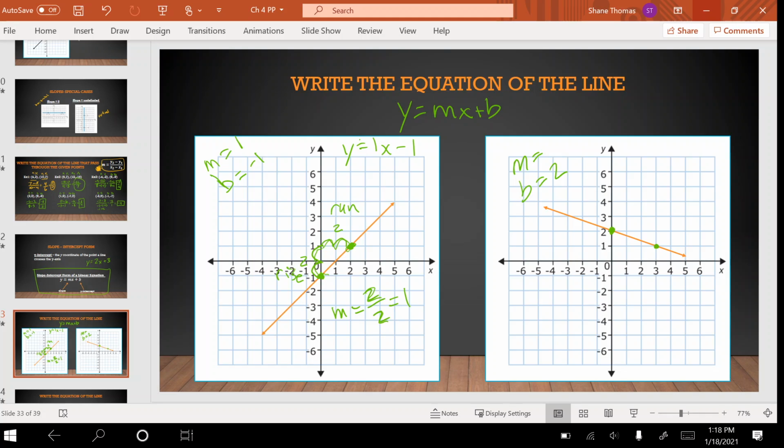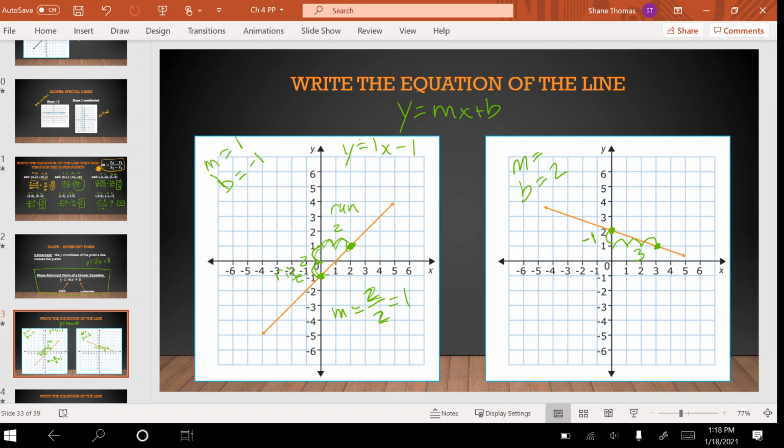So if I start at my left-handed point, do I have to go up or down? Correct, I have to go down. I went down 1. Now if I go down, that would be minus. Okay? Now do I have to go right or left? To the right. 1, 2, 3.